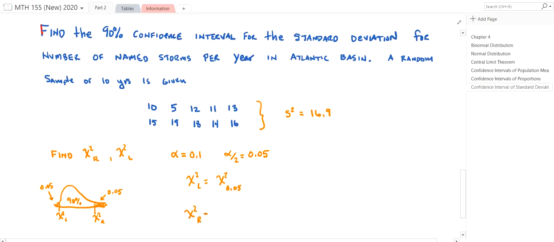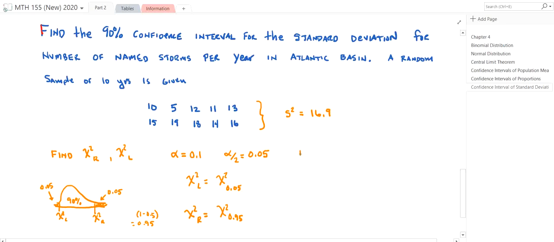And our chi-squared right is going to be our chi-squared of 0.95, because recall, the chart's only going to give us areas to the right of this, so we have to take 1 minus 0.05 to get 0.95.